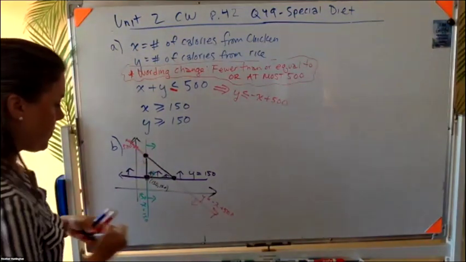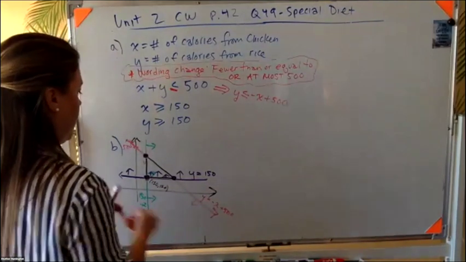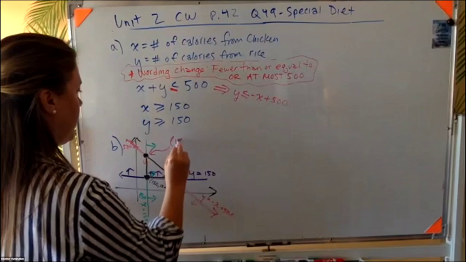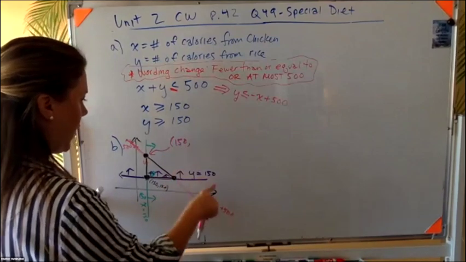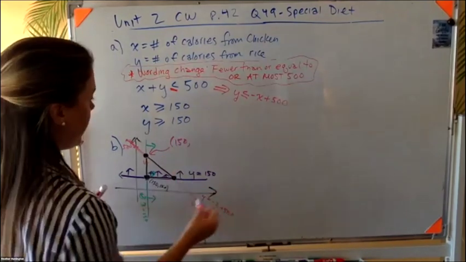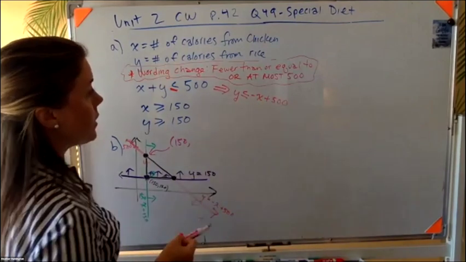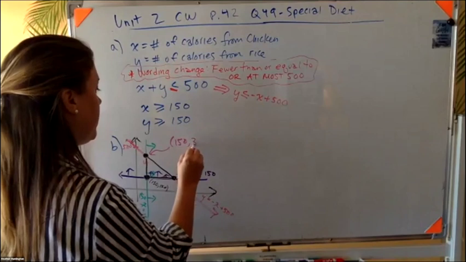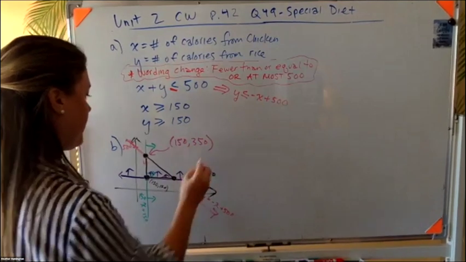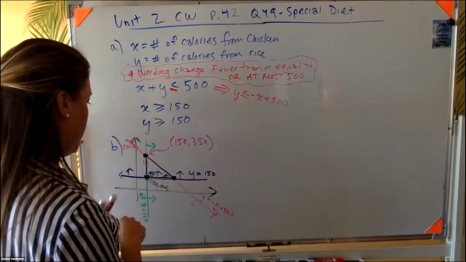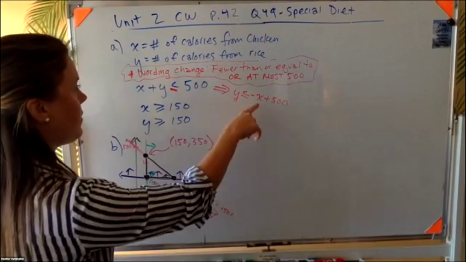This one is when X is 150. I can use this equation to find Y. So it's negative 150 plus 500, so it's 350. And then here, my Y is equal to 150.